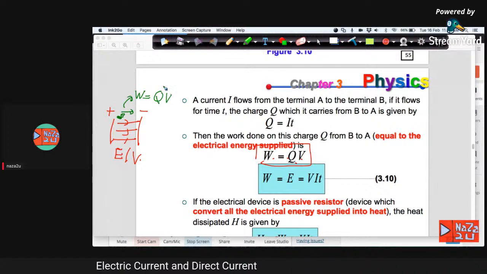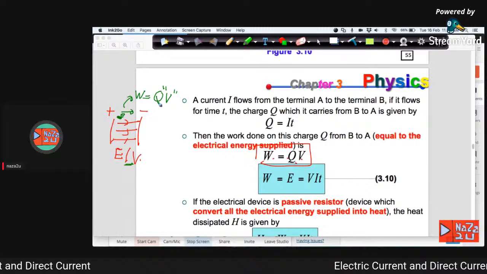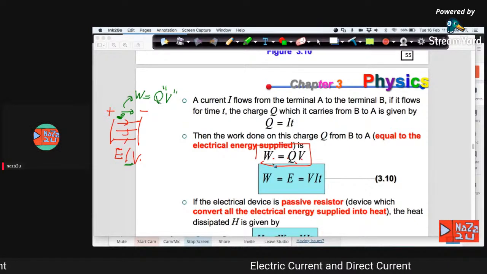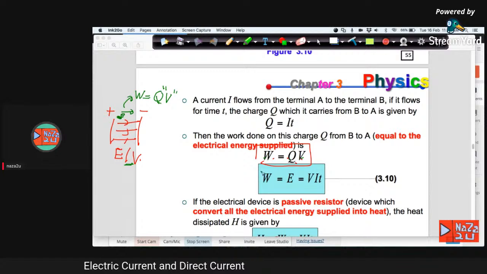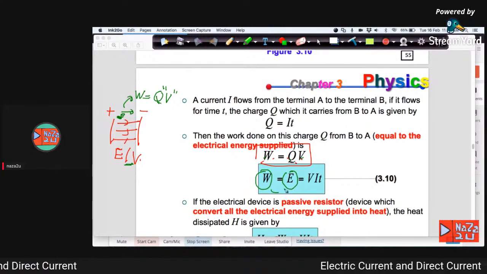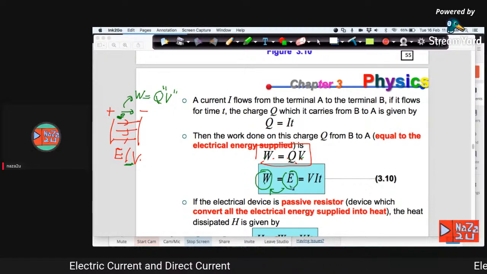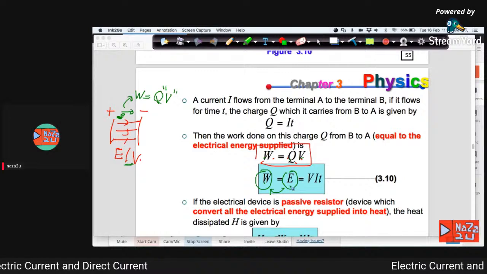Q times V, voltage. So ini Q is how many coulombs? Kerja is Q times V. Dan kerja juga kita samakan dia dengan energi. Okay? Bila kamu melakukan kerja, kamu ada tenaga. Kalau kamu melakukan kerja 100 Joule, kamu sepatutnya ada tenaga 100 Joule. Right?